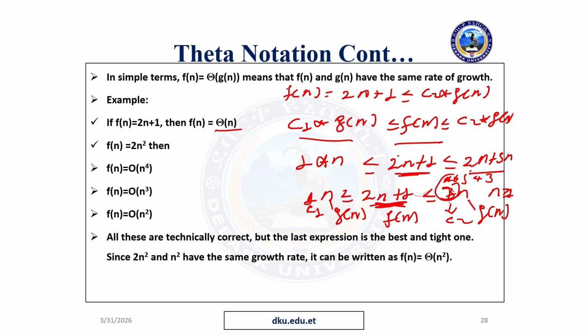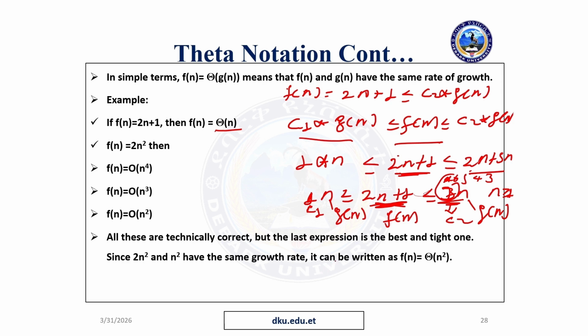So 3n is the value of c2 times g of n. Here we put the largest function above f of n.